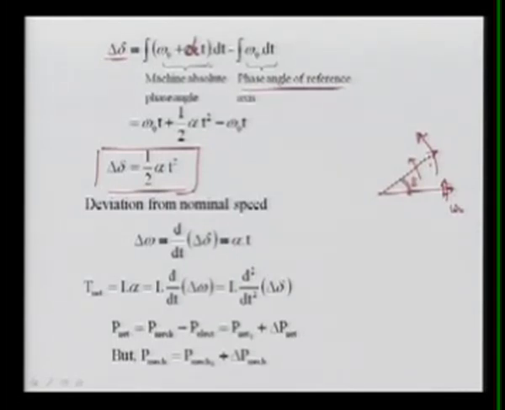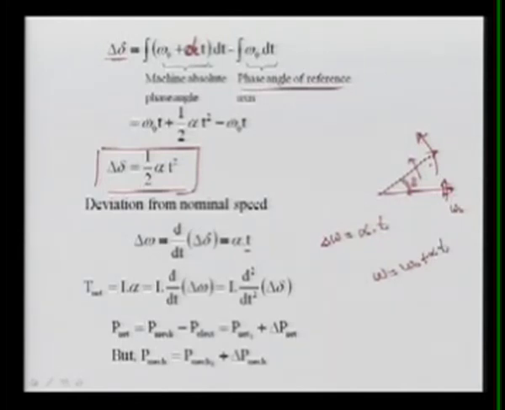Now the deviation from the nominal speed: we have to differentiate this, the change in the angle divided by dt, and if you differentiate, you get the change in speed, which is nothing but alpha t. Or, if you remember, omega is nothing but omega naught plus alpha t.